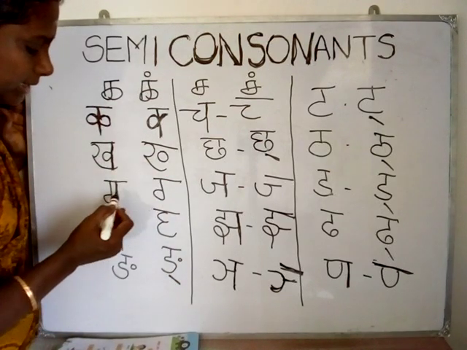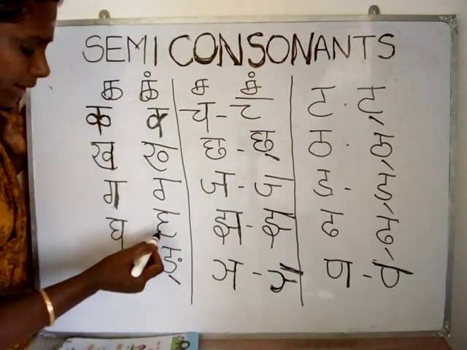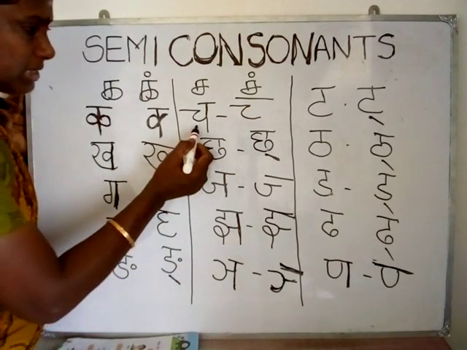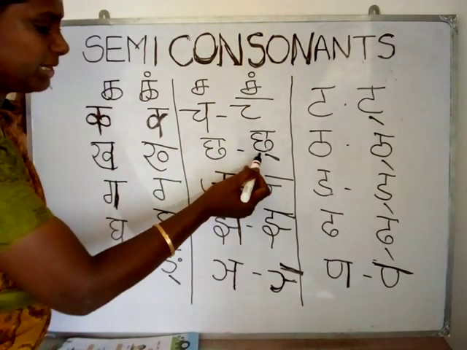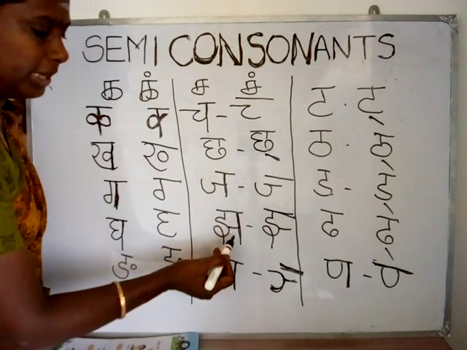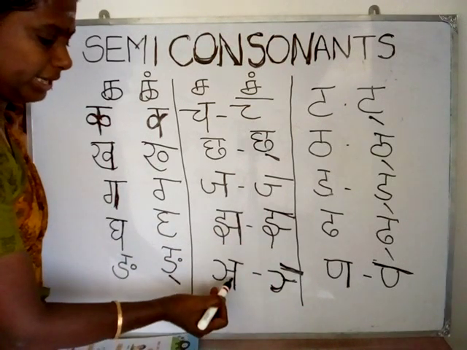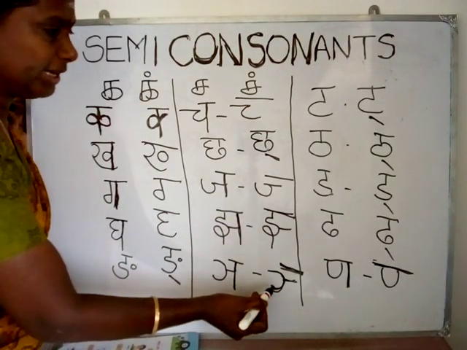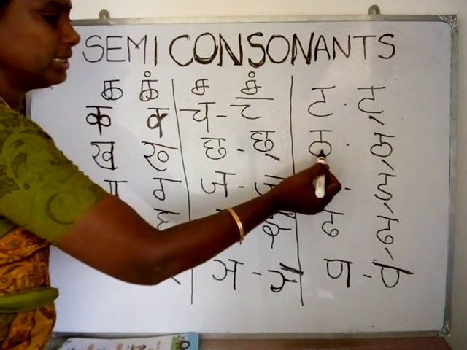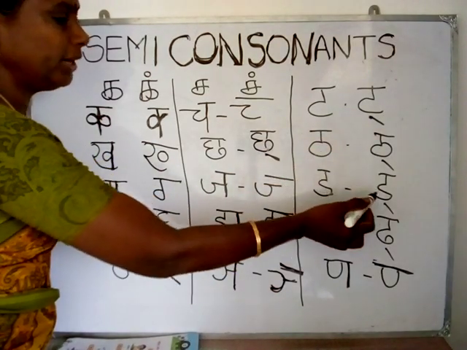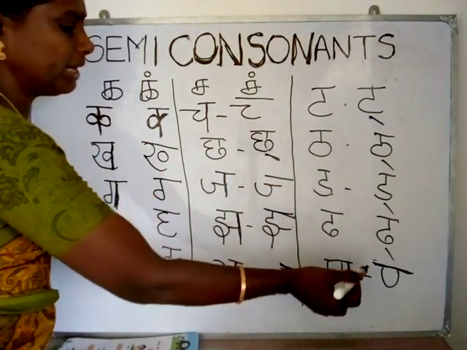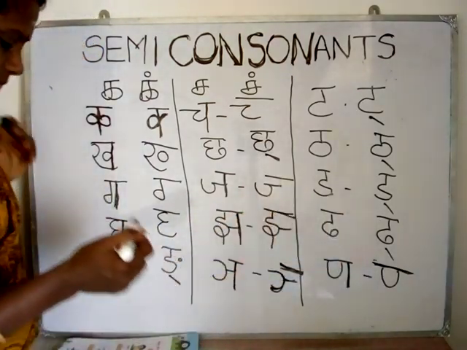Ka, ik, ga, ig, nga, ing, cha, ich, ja, ij, nya, inj, ta, it, da, id, na, in.